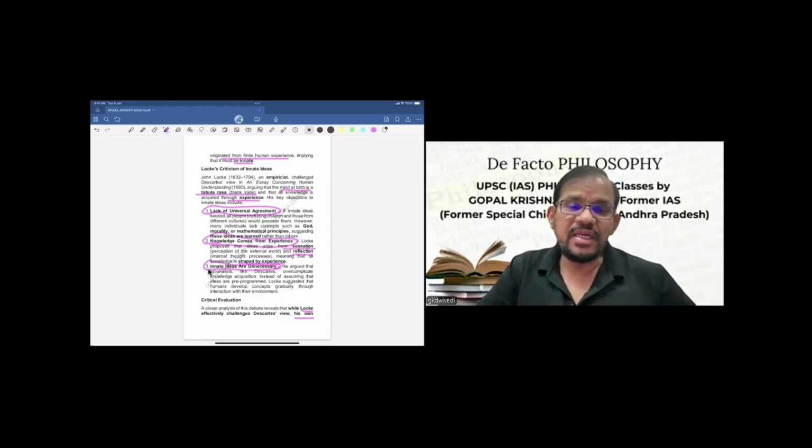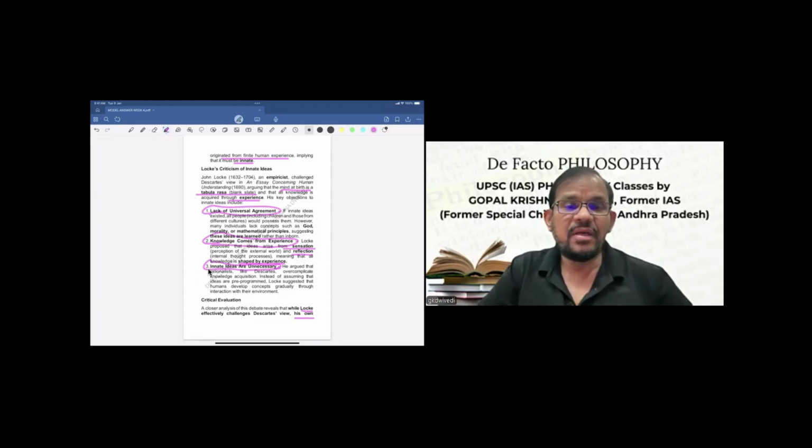Now, what are his key objections to Descartes' theory? He says that there is a lack of universal agreement. Descartes has said that there is something universal, but Locke says that no, there is no universal agreement in the ideas. Therefore, it's not innate, it comes from experience.